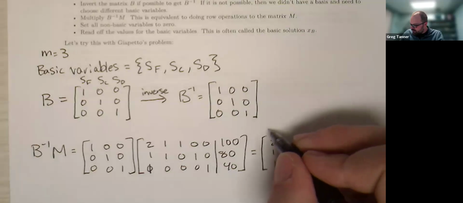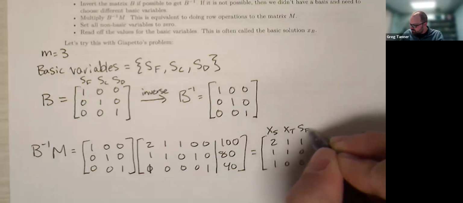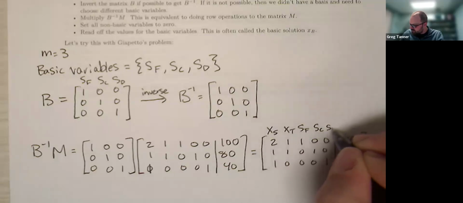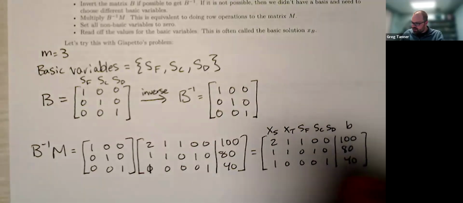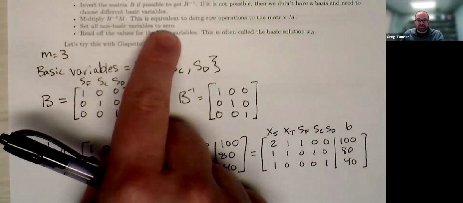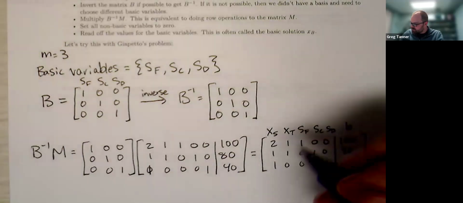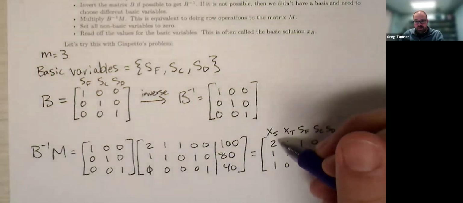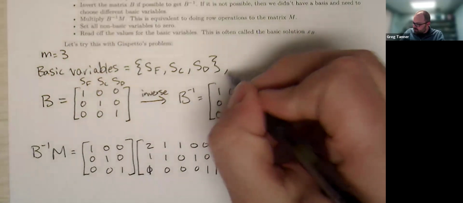I'll relabel the columns. They still correspond to XS, XT, SF, SC, SD, and right-hand side. Now the next step is we want to set all our non-basic variables to 0. Okay, so when we set our non-basic variables to 0, our non-basic variables, maybe I'll note that up here.